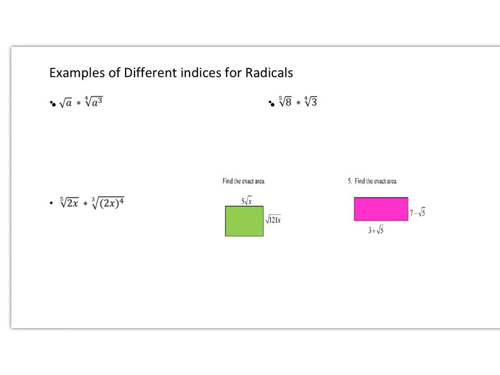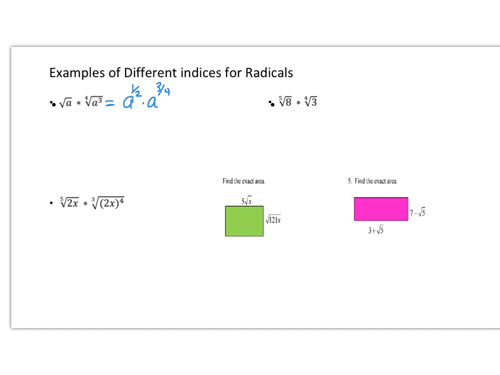So here's our last problems. Again, we have different indexes, but in this case we have the same base. So we have a to the 1/2 times a to the 3/4.